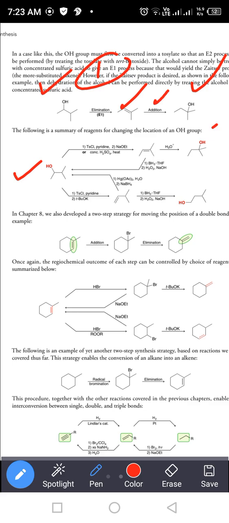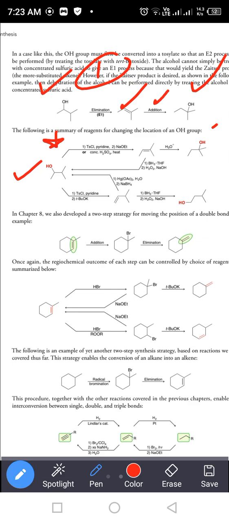Route number one is that the secondary alcohol first changes into a good leaving group. OH first changes into a good leaving group, meaning a tosyl group. Then follow E2 reactions.